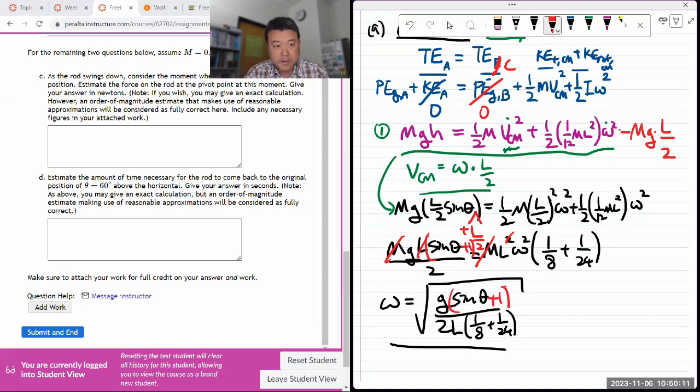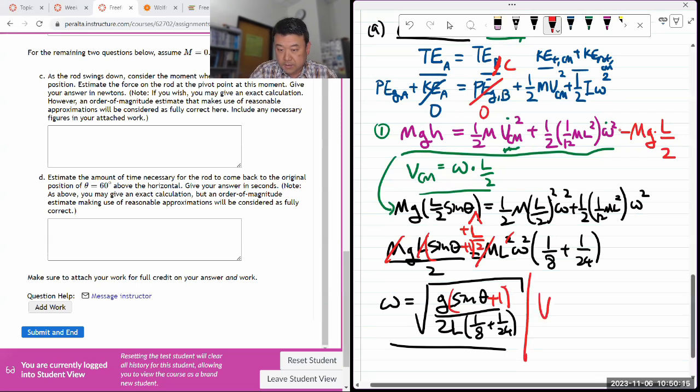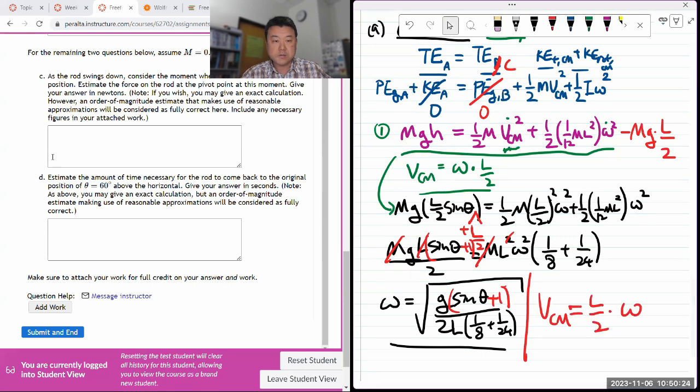So that's gonna be omega. So my V center of mass will be L over 2 times this omega. So let me just type this out.